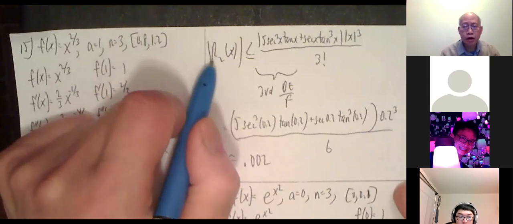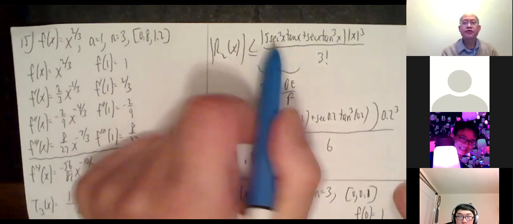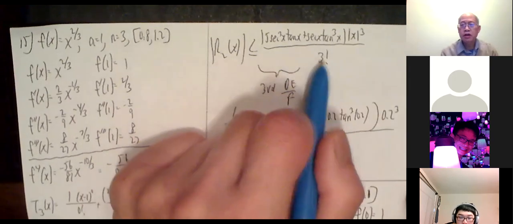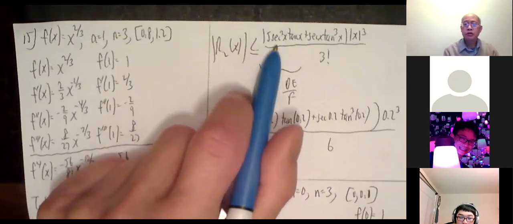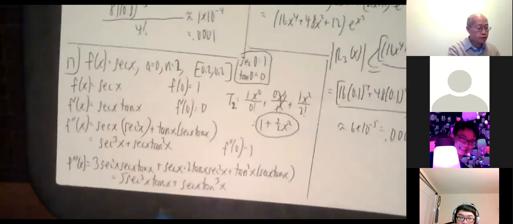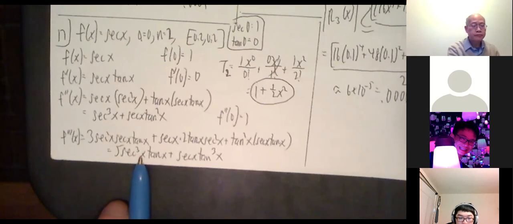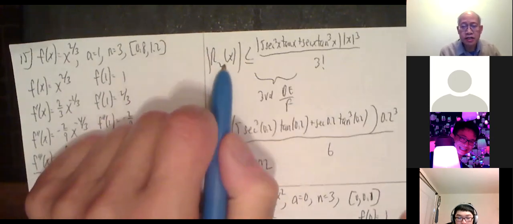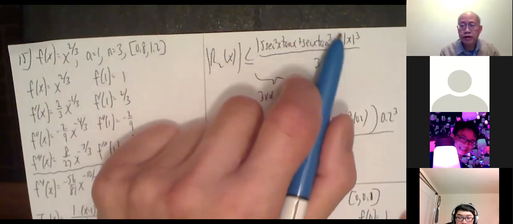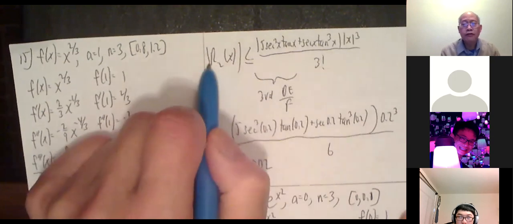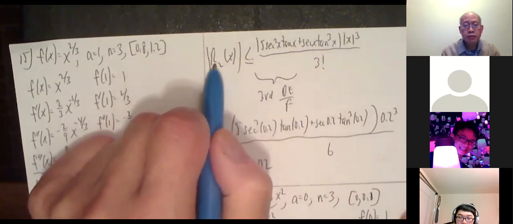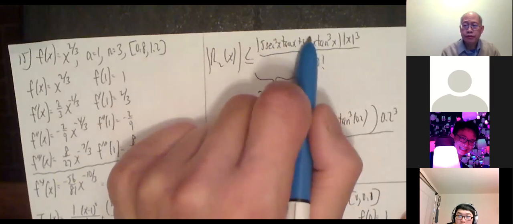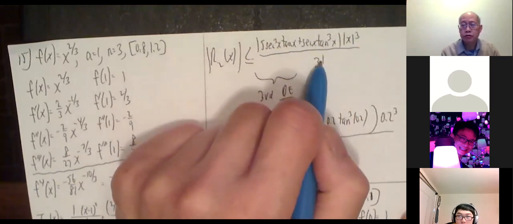We write absolute value of R2 of x, but you have to go to the third derivative over factorial. So here was my third derivative. So notation is R2 of x, but third derivative over 3 factorial. If it's R4, fourth degree polynomial, it's the fifth derivative over 5 factorial by rule.